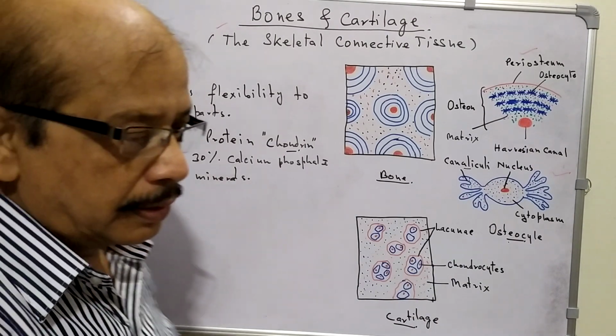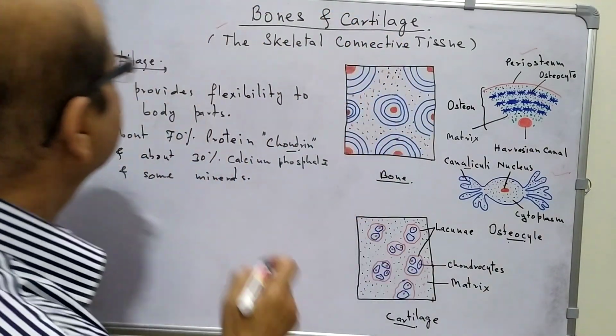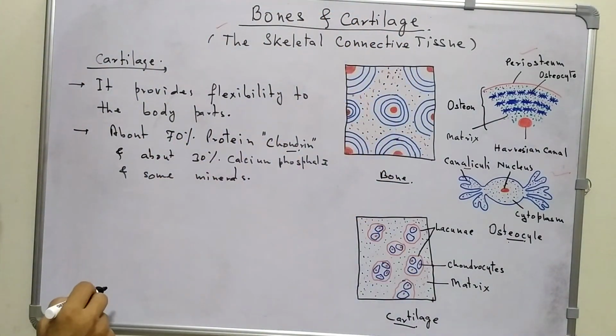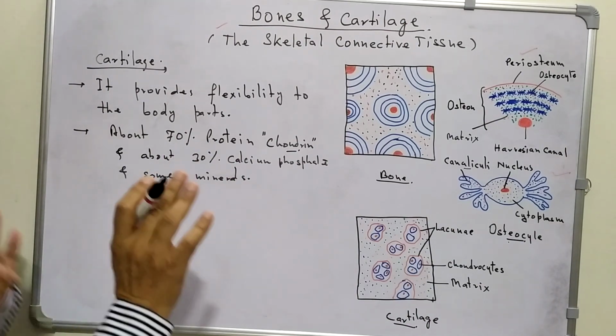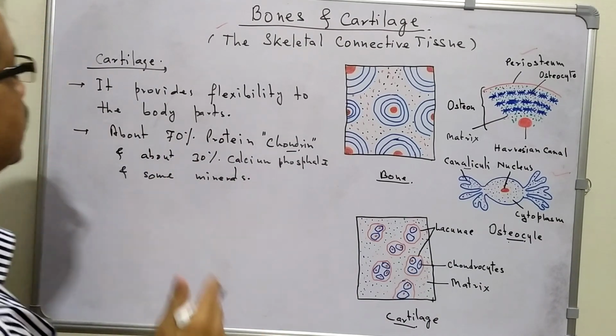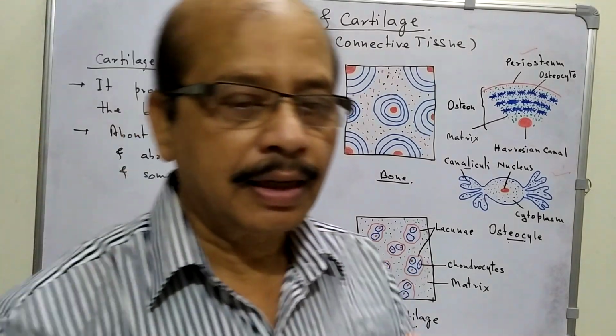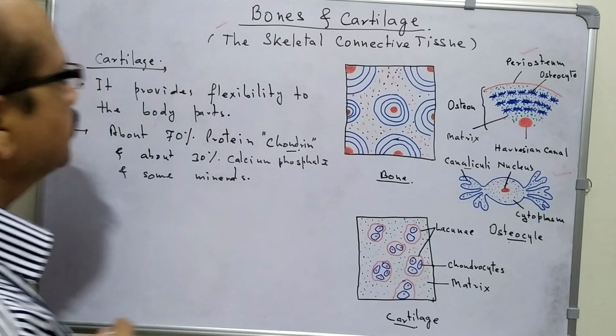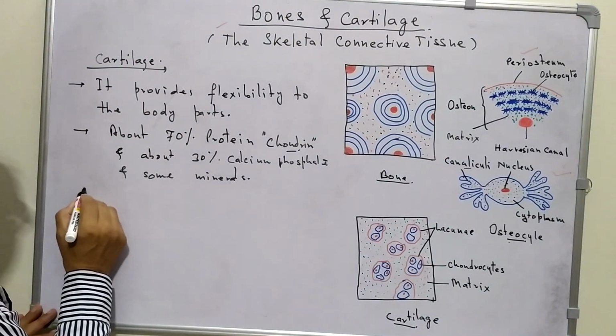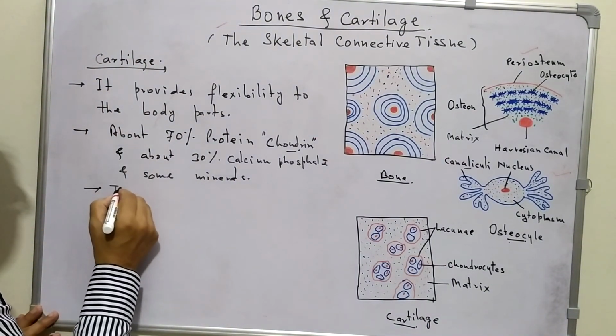So, in case of bone, there was 70% calcium phosphate and 30% protein and minerals. But here 70% is protein and 30% is calcium and other minerals. So they are flexible in nature. They are transparent.